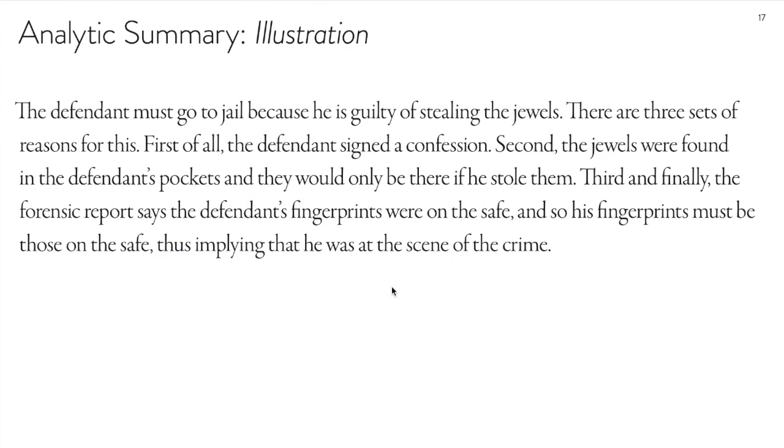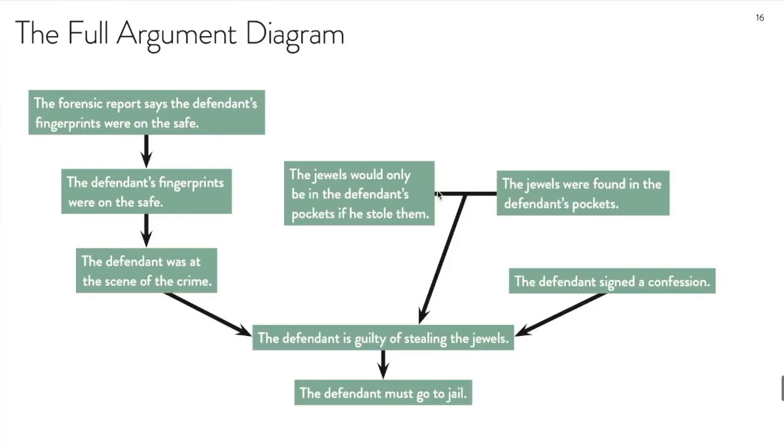And I've been told repeatedly by professors in other classes how much they appreciate when their students make their argument clear by using lots and lots of indicator words. And then number things. So I number my premises 1, 2, and 3. So we can walk through again, corresponding to 1, 2, 3, confession 1, pockets 2, scene of the crime 3, and then we work through it accordingly.